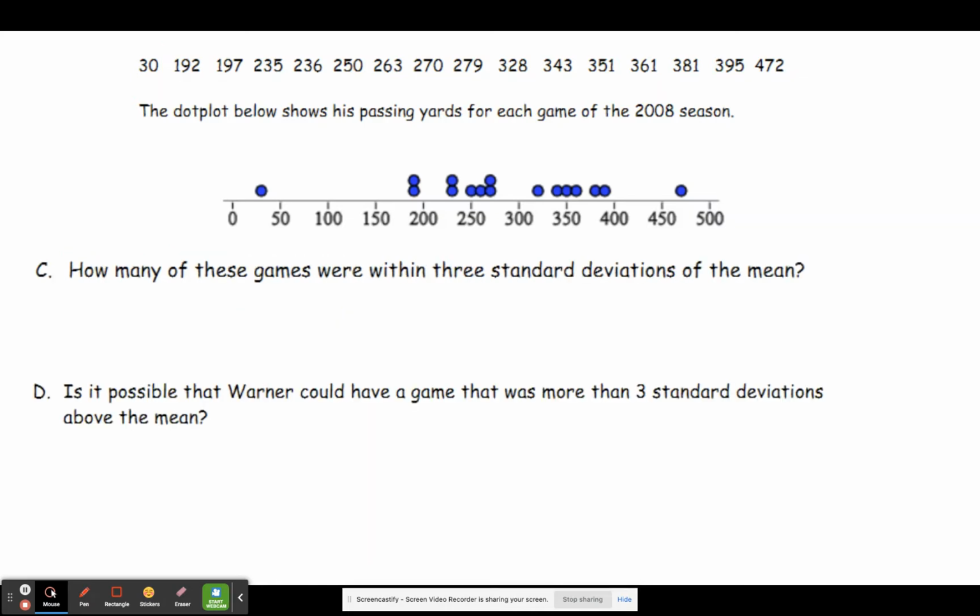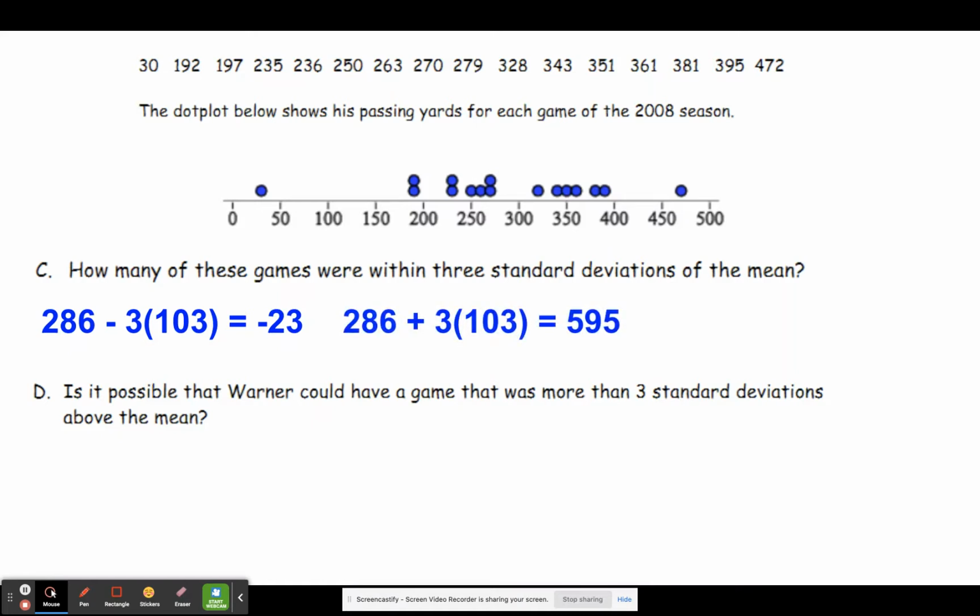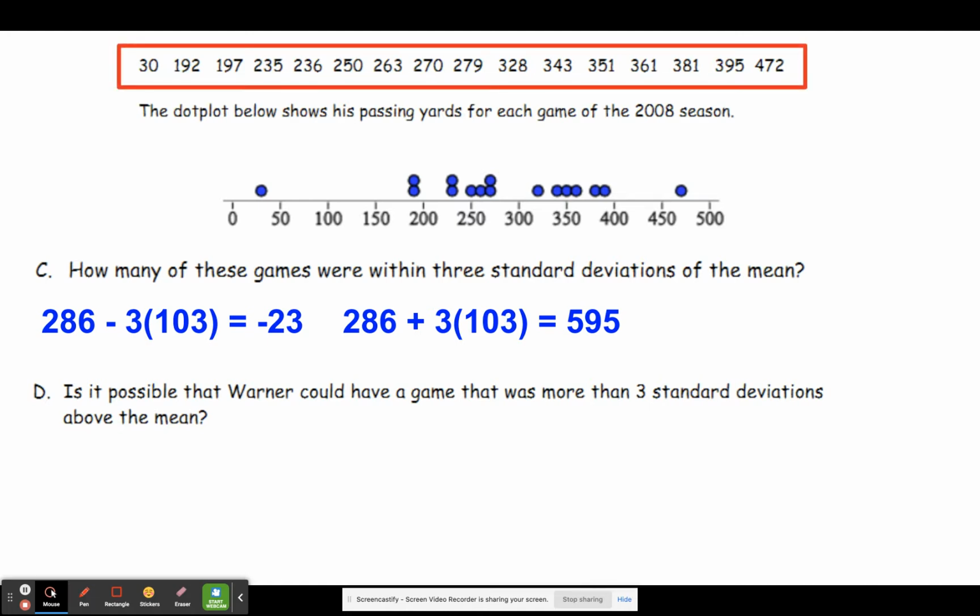Now, if we go out 1 more standard deviation from there, we look at 3 standard deviations. 3 standard deviations below the mean would put us at -23 yards. 3 standard deviations above the mean put us at 595 yards. And notice that 100% of his games fall within this range.